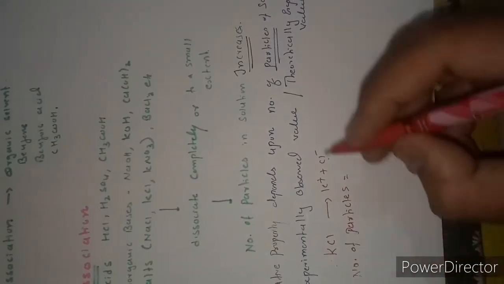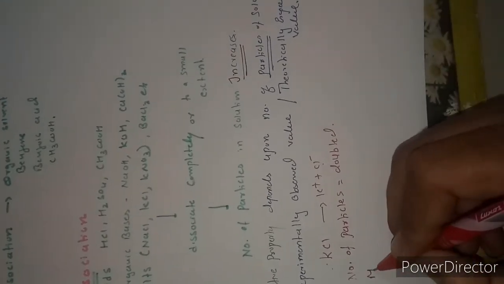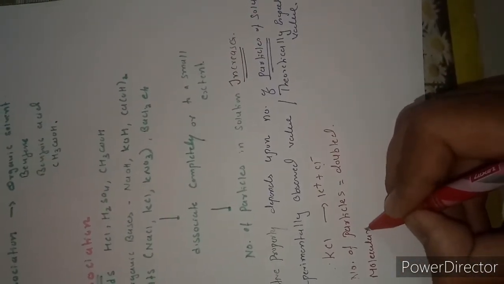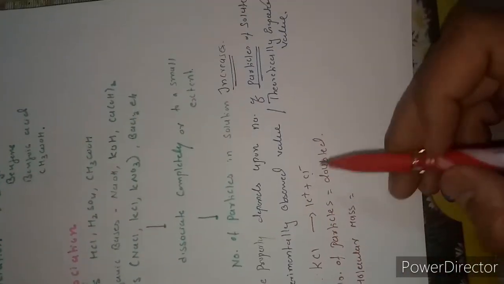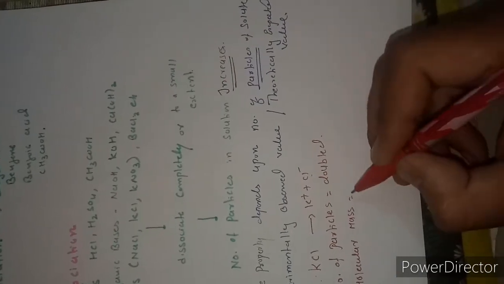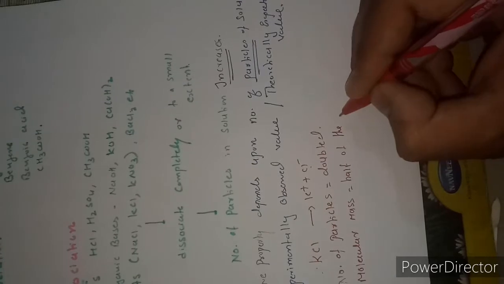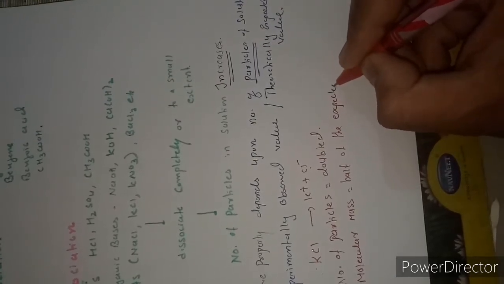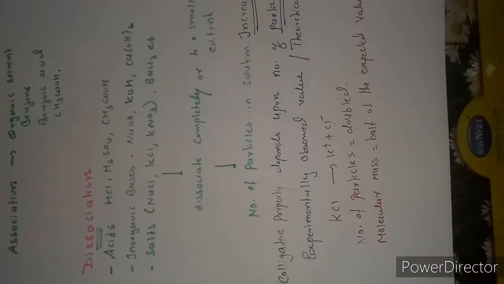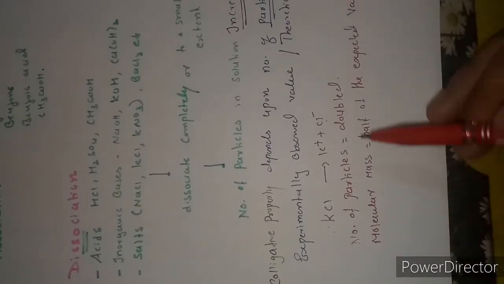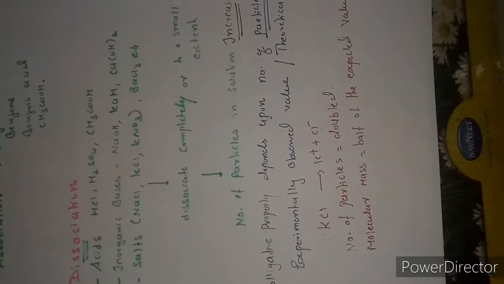So the number of particles in KCl will be doubled, whereas the molecular mass, with the combined and the separate, would become half of the expected value. Clear? So in dissociation you need to remember that the number of particles is doubled, whereas the molecular mass is half of the expected value.